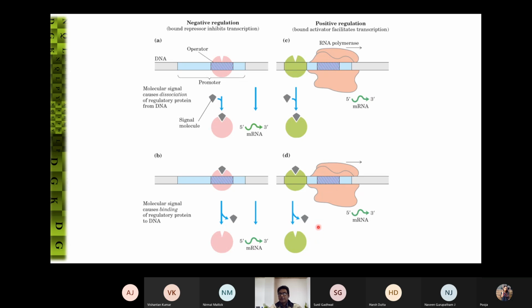So the action is that if it is bound, then it allows the synthesis, and if it is unbound, then the synthesis will not happen, because it requires that conformational change so that it can bind to that location and then start synthesizing. Clear? Yes, sir.